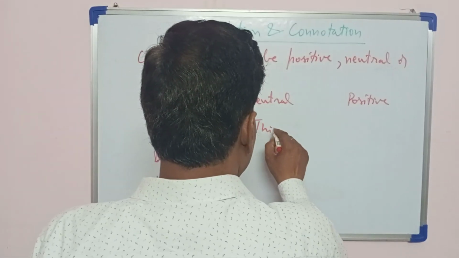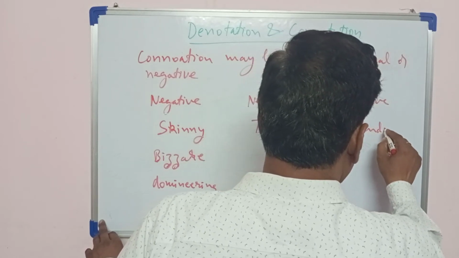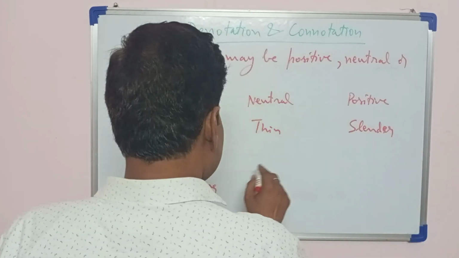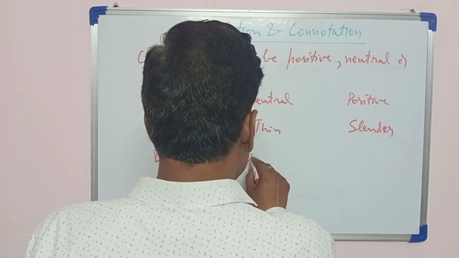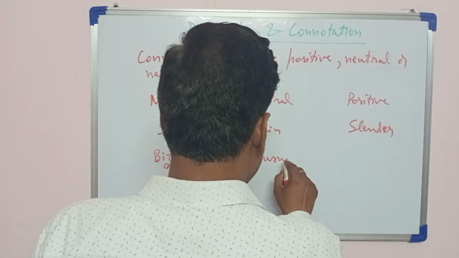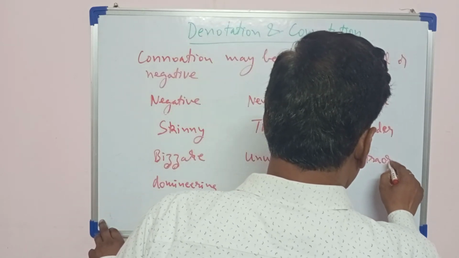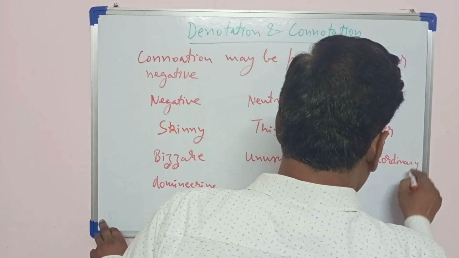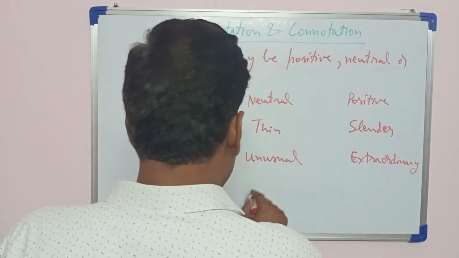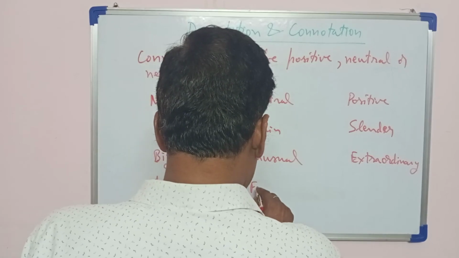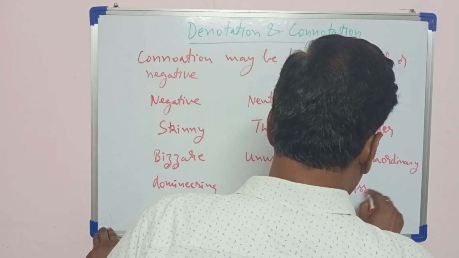So its neutral word will be thin and positive will be slender. In the same way, bizarre, unusual, extraordinary, forceful, assertive.